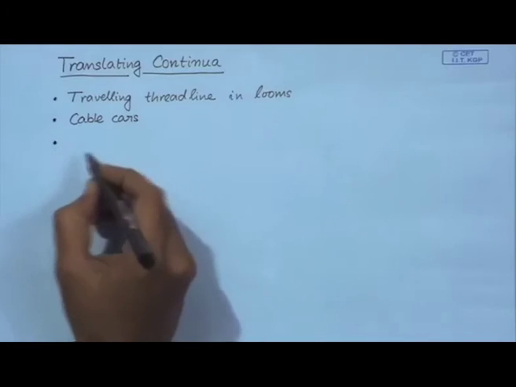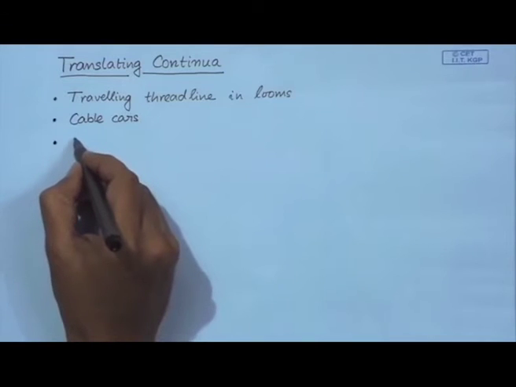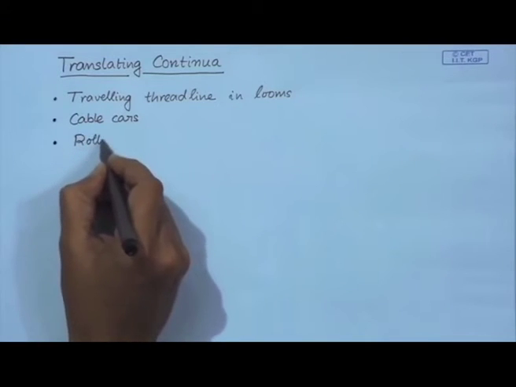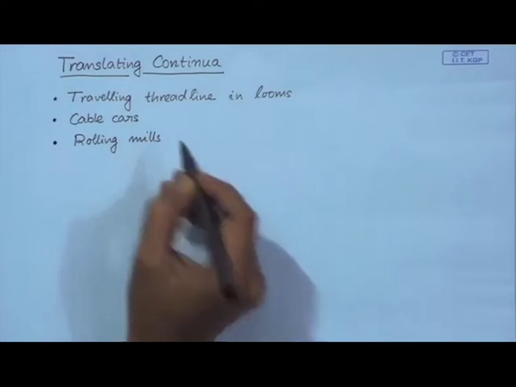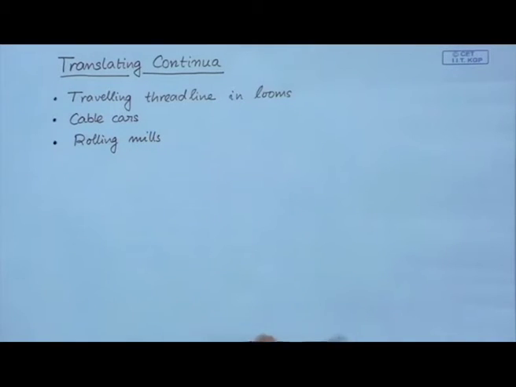The third example is observed in rolling mills. In a rolling mill material is being rolled and the material is constantly getting elongated, and it moves at very high speeds, and it can move between two rolls or one roll.